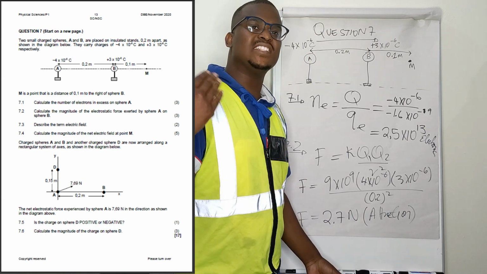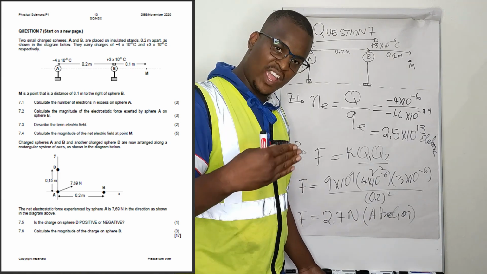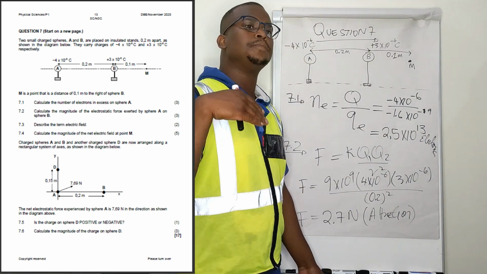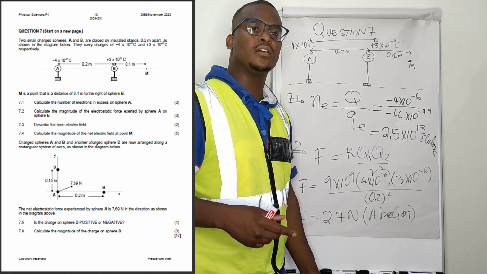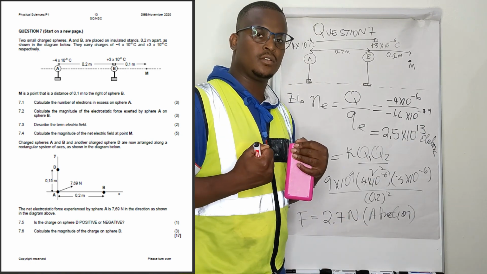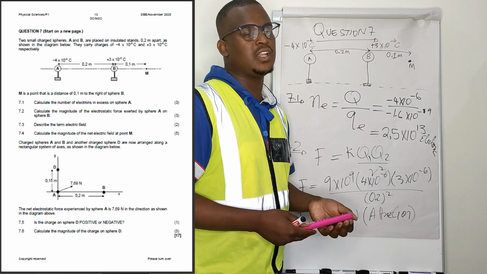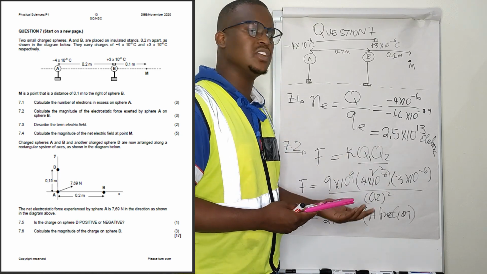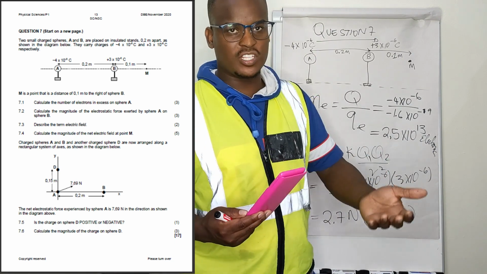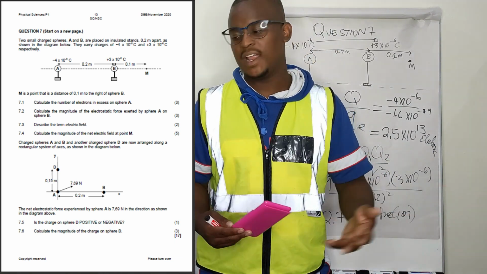So the force exerted by sphere A on sphere B is 2.7 newtons, attractive, which means sphere A is pulling sphere B towards it with a force of 2.7 newtons. I don't usually put the signs in my equation because I know they only tell me what kind of force I will have. That's why I leave them out.